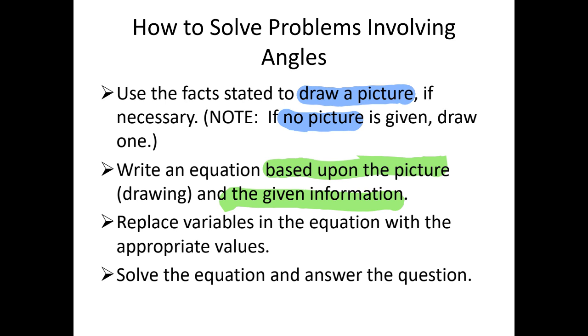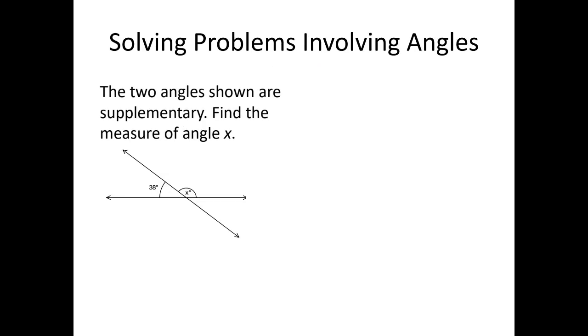Now, let's look at this first picture. They're going to help you. They are going to tell you two angles shown are supplementary. Okay? Well, that means straight. Well, look at this line. This is my straight line.